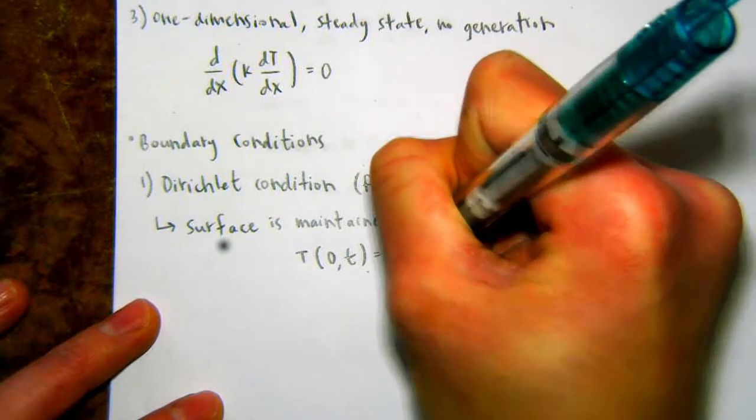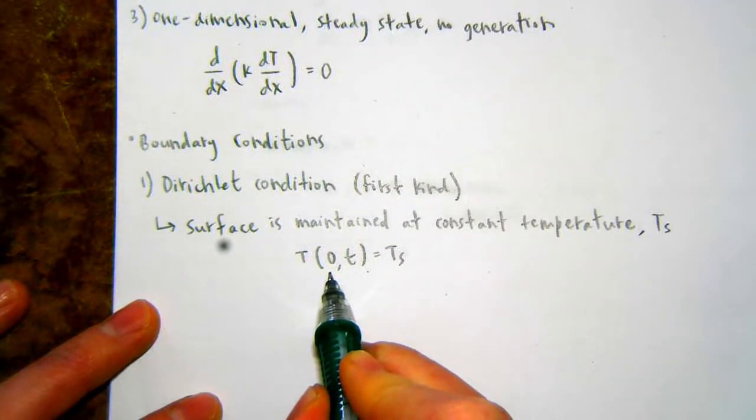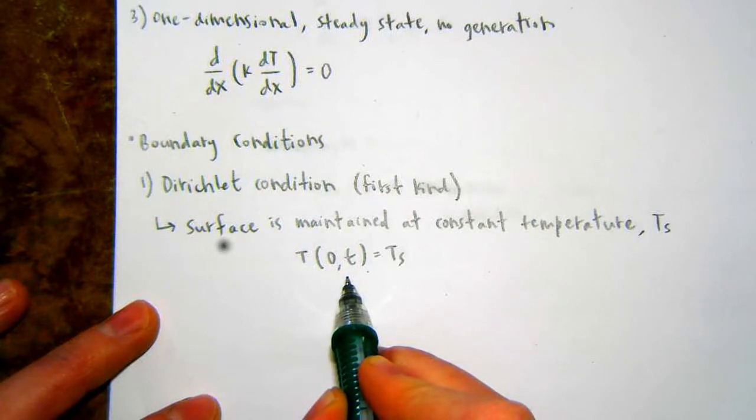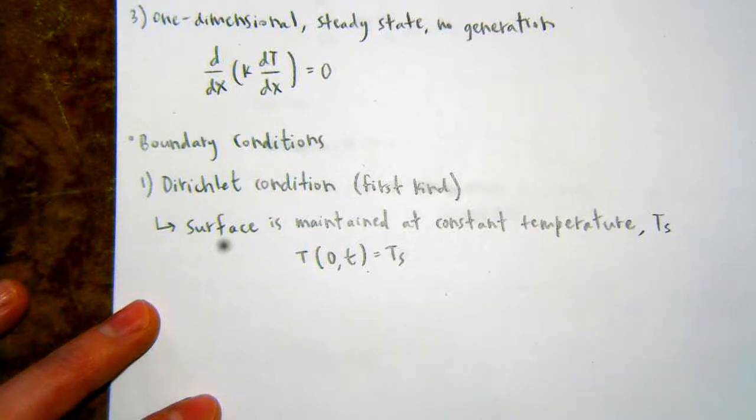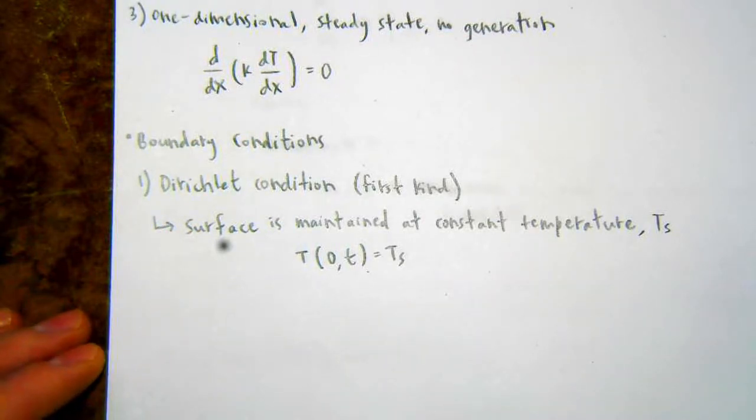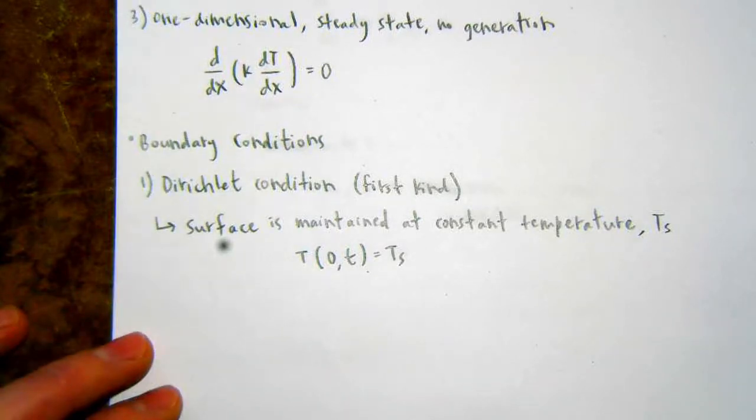So this is saying that the temperature at the x equals 0 location for all time is T sub S. So that makes sense with having one surface maintained at a constant temperature for all time. And in that case, it's the x equals 0 surface.